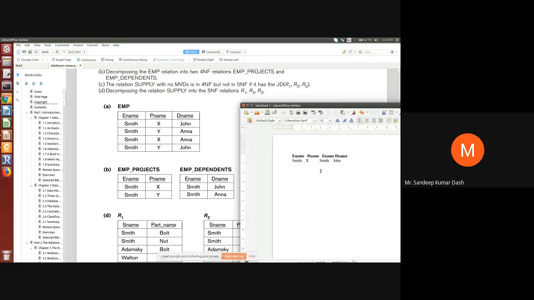Now I am trying to join them. Smith X with Smith John. Smith is common here. In the first two rows, Smith is common. So I am joining Smith X with Smith John. It is joined. Then Smith X with Smith Anna. Okay.